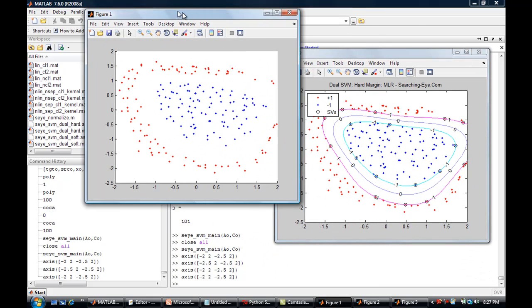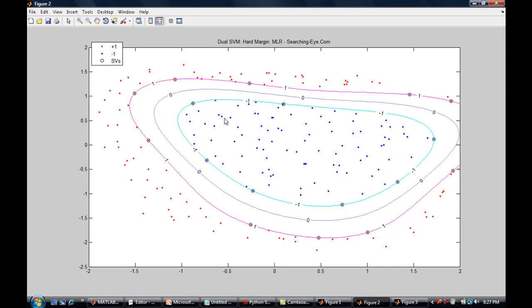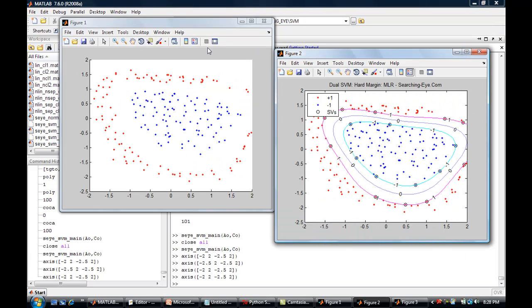So the scales are the same in this case. So this is the result for the soft margin SVM. As you can see, now the points lie inside the margin, and the training accuracy is 100%. Since the dataset is separable, the training accuracy is 100%.